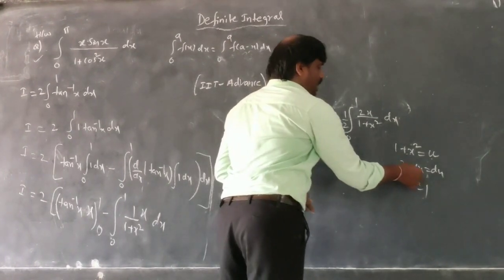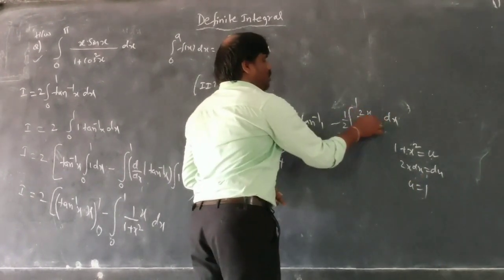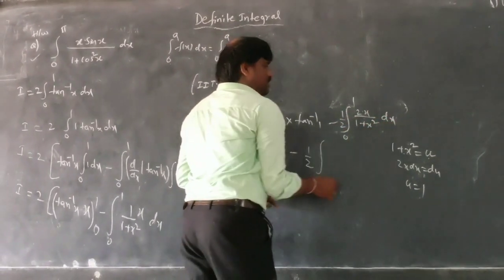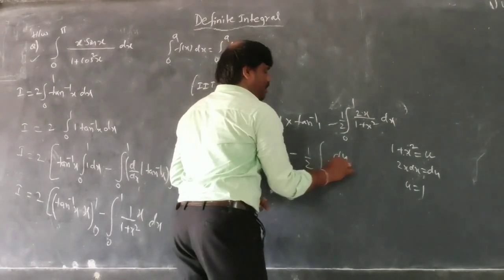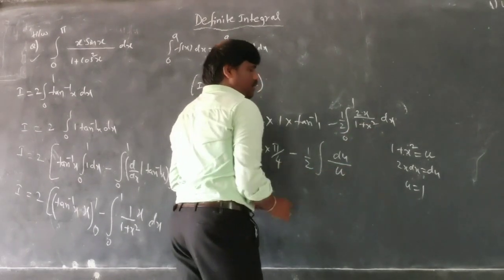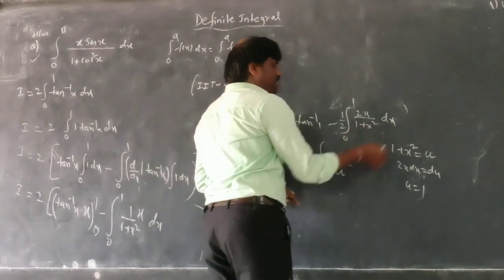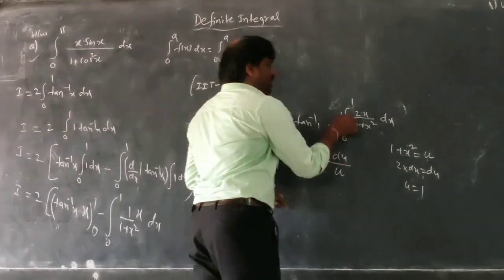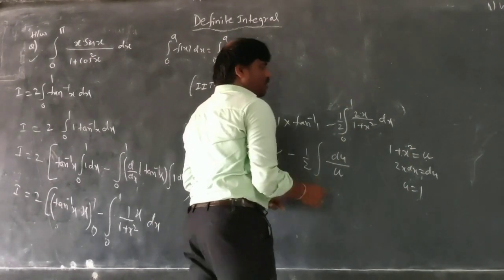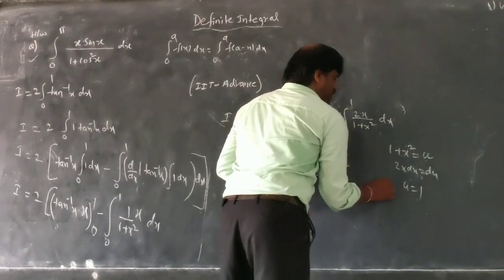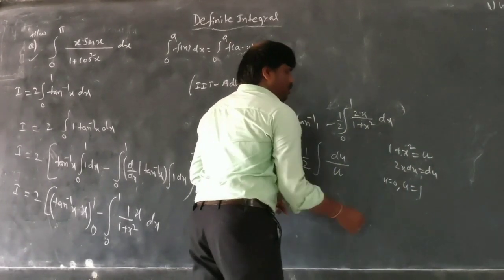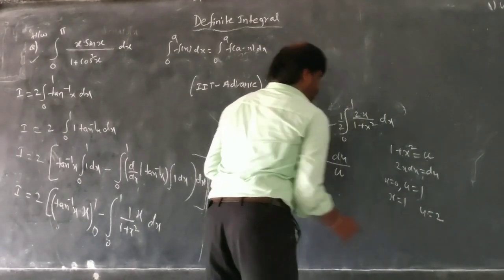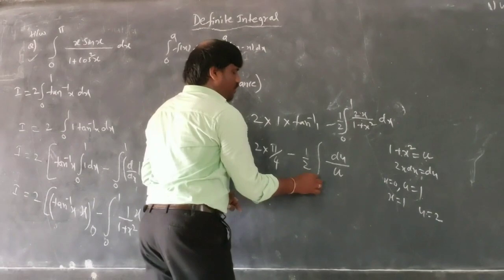So the whole thing changes: 1 by 2 integration of du upon u. I have to change the limits also. If x is equal to 0, u is 1. If x is equal to 1, u is 2. So the interval changes to 1 to 2.